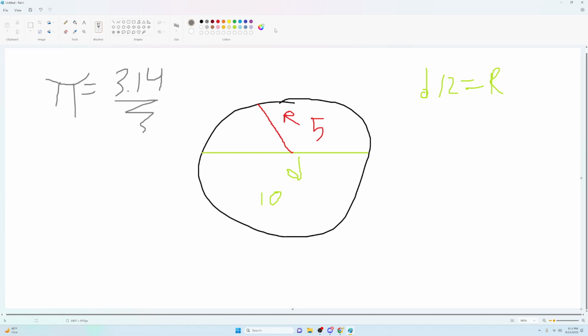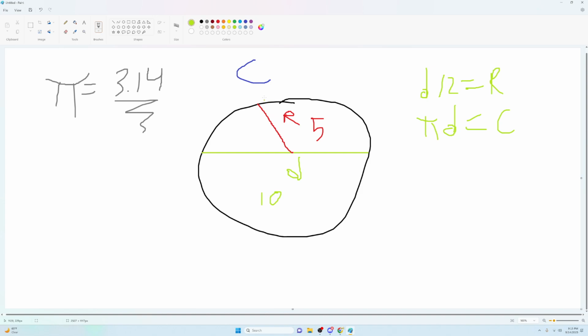How do we find the circumference? So circumference is very simple. All you have to do is multiply. You have to multiply pi and diameter. So the formula for circumference is pi multiplied by diameter. So let's say the diameter is 10.